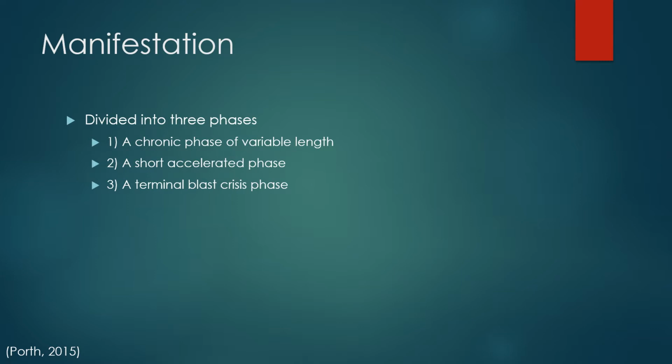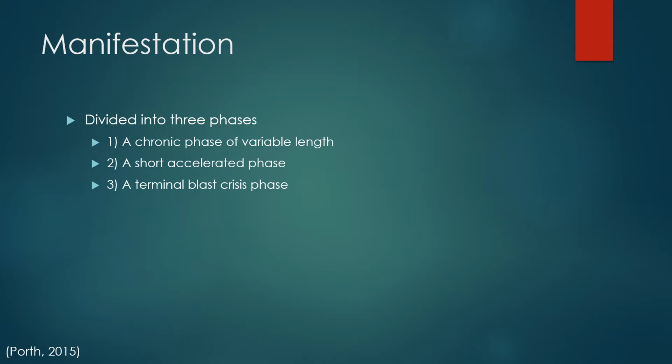The most characteristic laboratory findings at the time are leukocytosis with immature granulocyte cell types in the peripheral blood, anemia, splenomegaly, hepatomegaly, and lymphadenopathy. So people in the early chronic stage are generally asymptomatic and they don't really have to go through treatments.